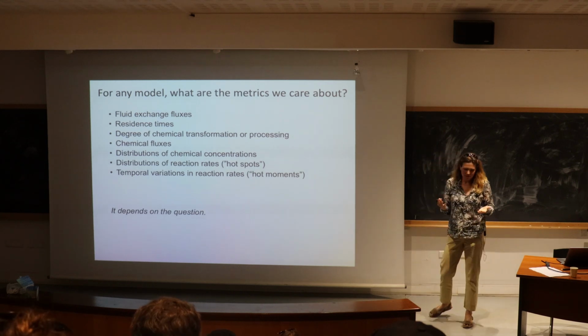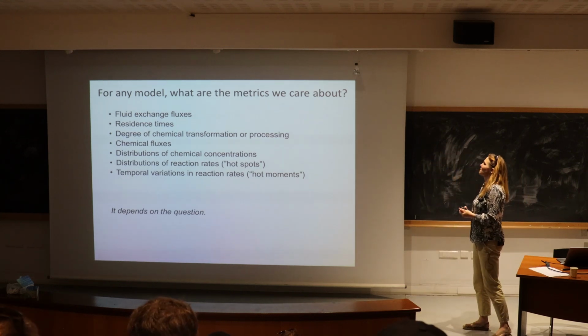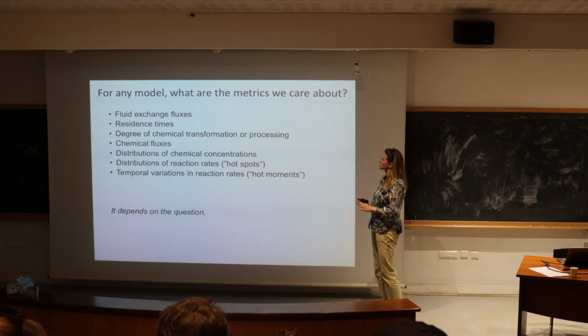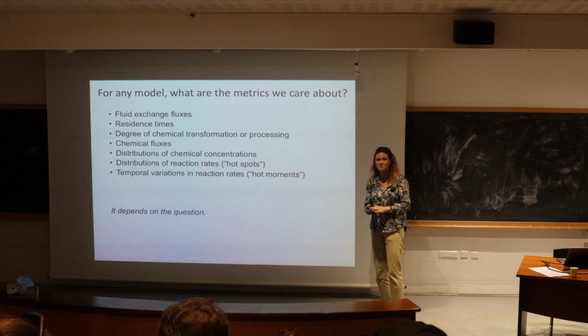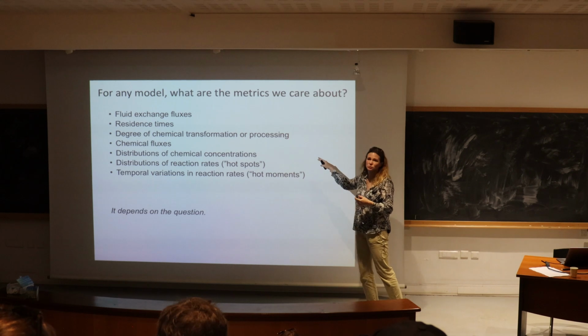And so this raises the question, if we want to do some upscaling for any model, what are the metrics that we care about? I've already talked a little bit about fluid exchange, fluxes, and residence times. But we also want to think about how those two relate to drive the degree of chemical transformation or processing within the stream bed.